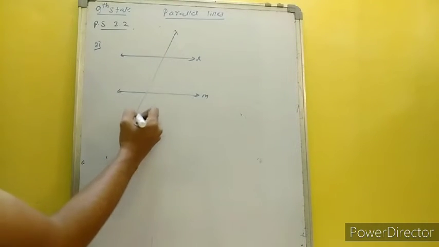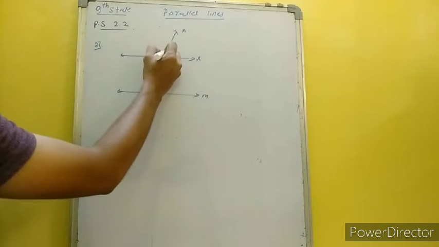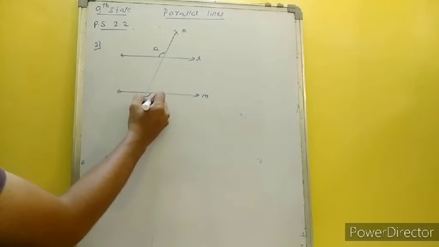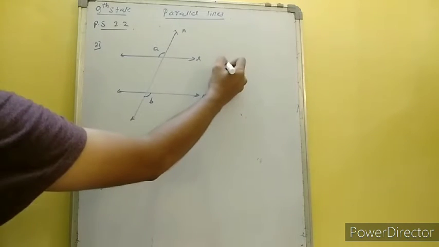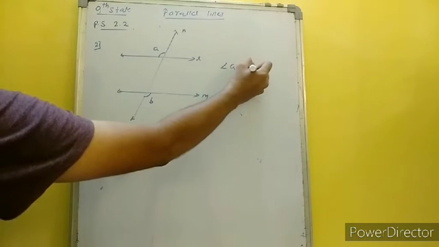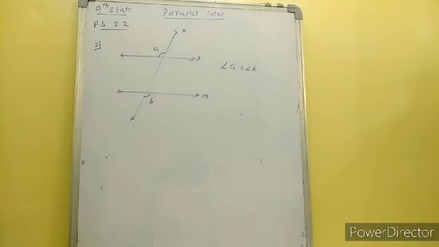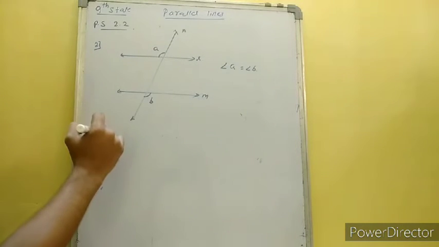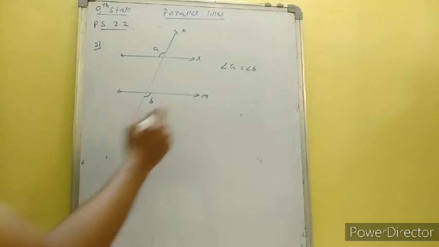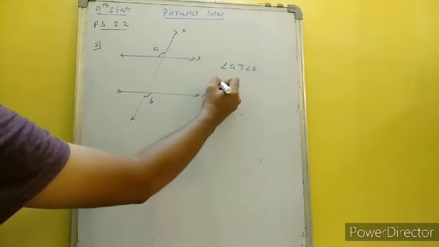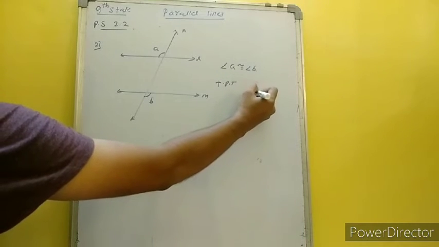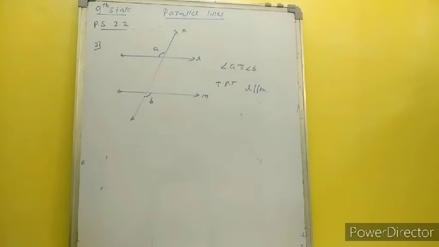We have a transversal N, we have A and we have B over here, and it is given in the question that angle A is equal to angle B. So I'll just do one thing, we know this is congruent and we need to prove that line L is parallel to line M. We need to prove that.